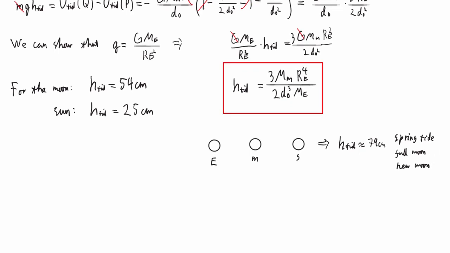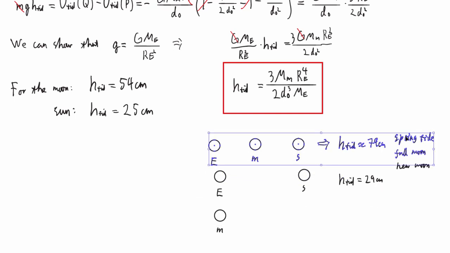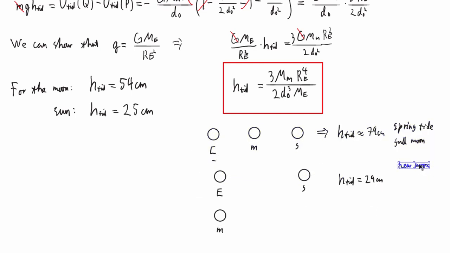And then the opposite, of course, is when the moon is half, like this. In that case, the tide is going to be the difference of these two. 29 centimeters, less than half of the high tide during spring tide. And this, let me make some more room here to make sure that it's clear that they're separate.